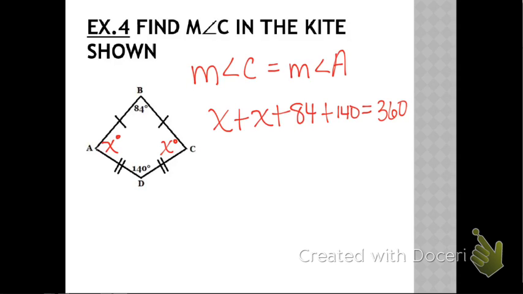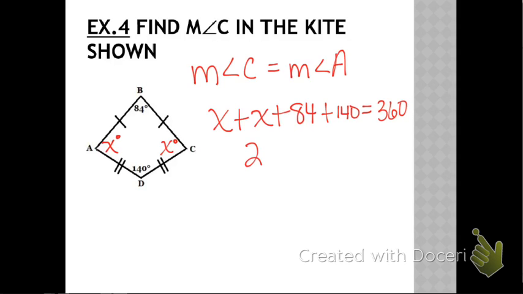Yes, you could think through it a different way. You could add these up and subtract from 360 and then know it has to get split evenly between the 2 remaining angles. That's the same thought process that we have written out here. It's just representing it a little bit differently.